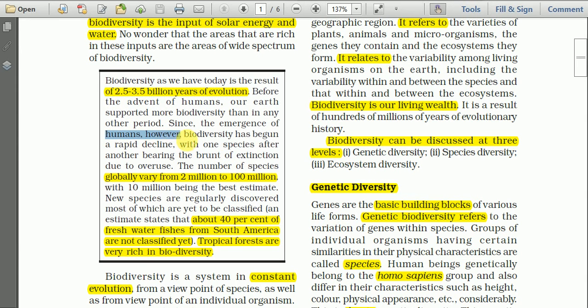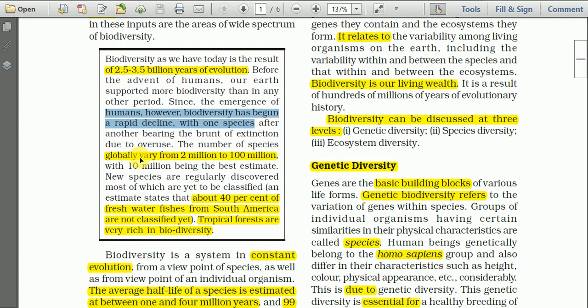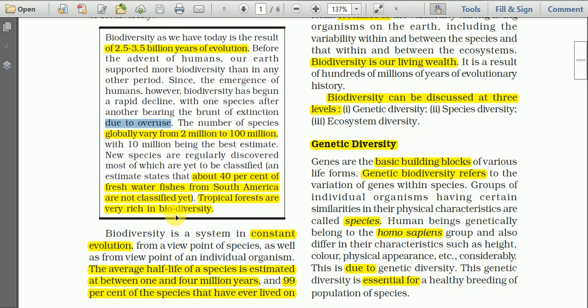However, biodiversity has begun to rapidly decline, with one species after another bearing the burden of extinction due to overuse. That means because of human activities, some of the species on the Earth's surface have become extinct.